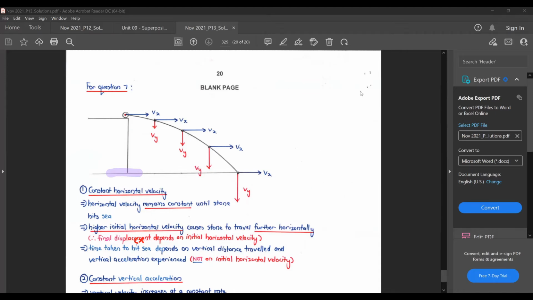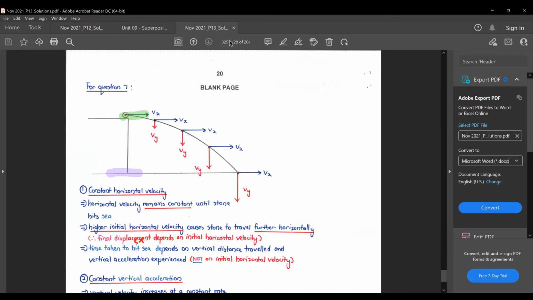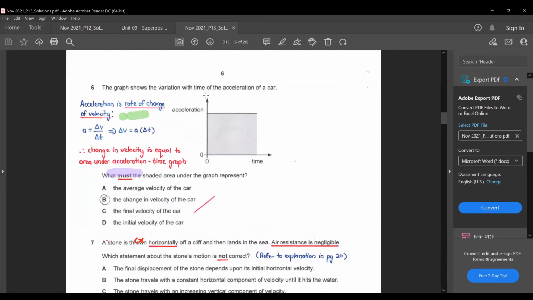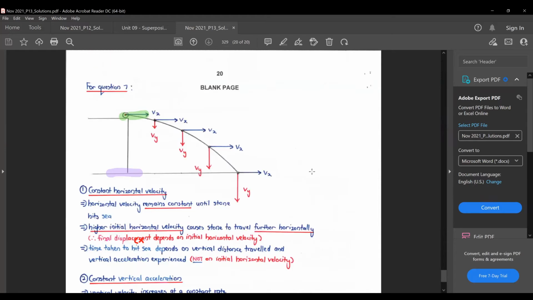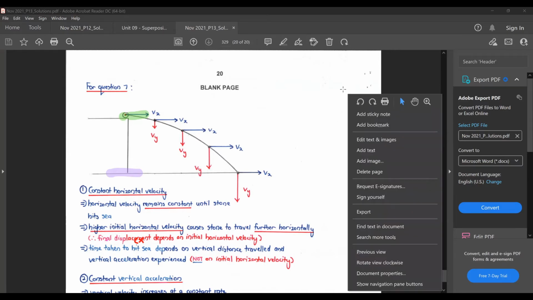So, the question mentioned that you have a stone that is thrown horizontally. The question specifically mentioned that you throw the stone horizontally off a cliff so that it lands in the sea. Air resistance was negligible. Because air resistance was negligible, there are two things to note from that.